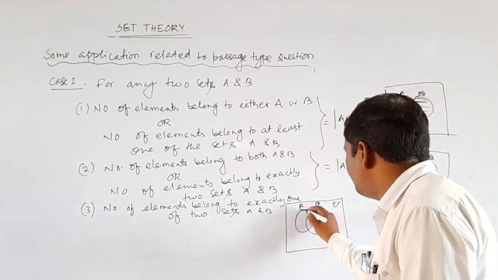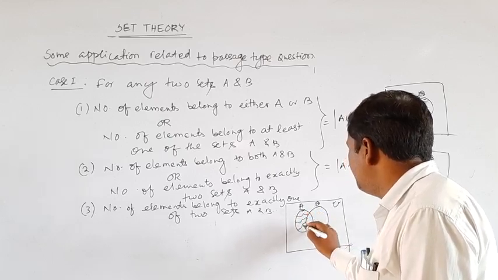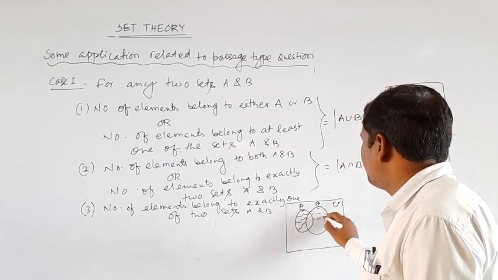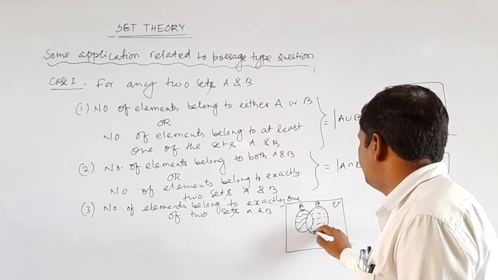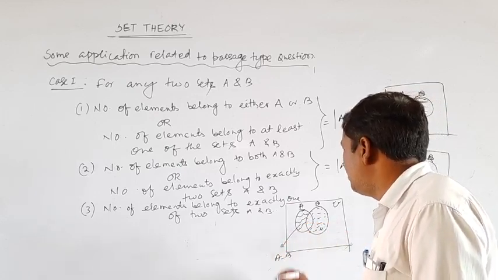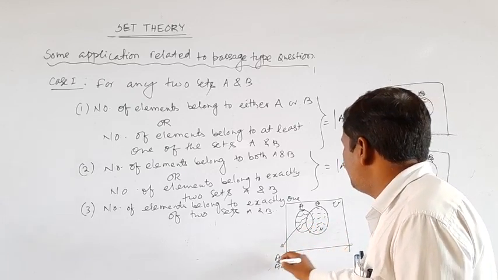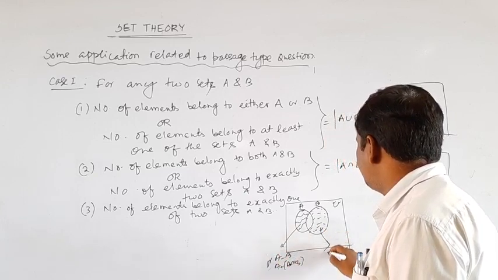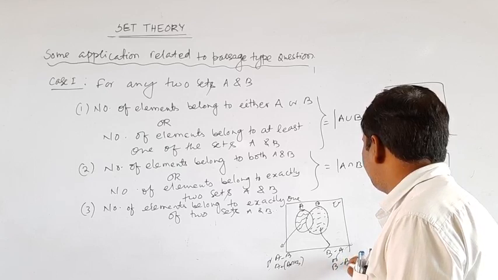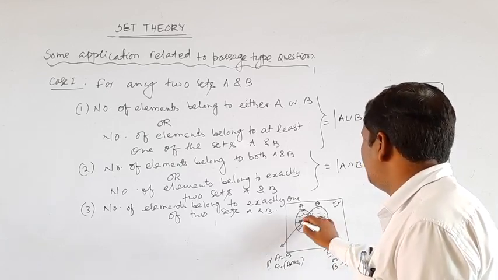Maybe this region, or maybe this region. This region is A minus B, or we can say A minus A intersection B, and this region is B minus A, or B minus B intersection A. Now combine this or this.